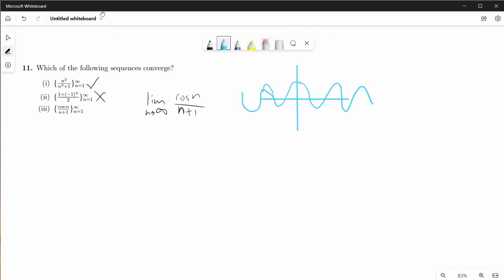It's a sinusoid that is between -1 and 1. That's the most important part. So no matter how big this n gets, as x approaches infinity, y will still be within the range of -1 to 1.